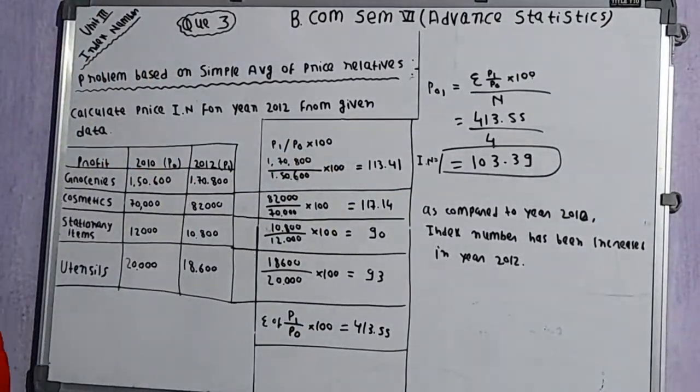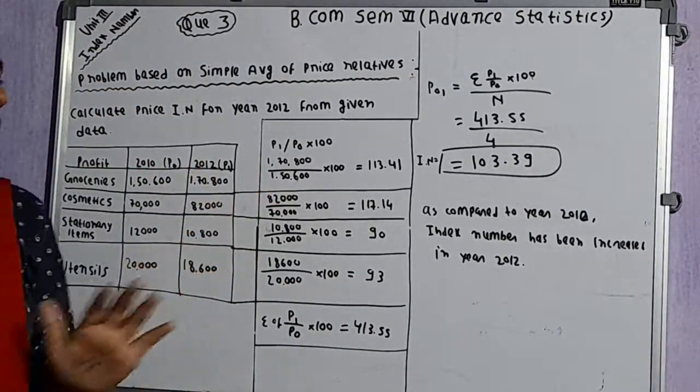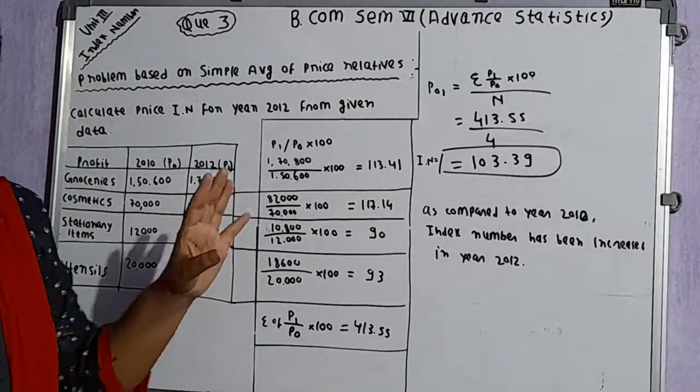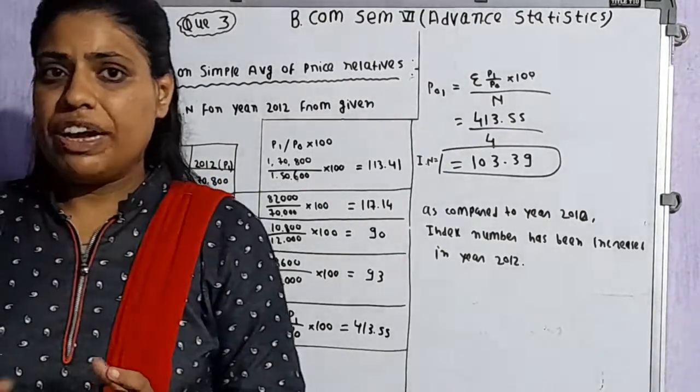So this way we have computed the index number and derived the conclusion. This way we have completed the problem, which is based on the simple average of price relatives.